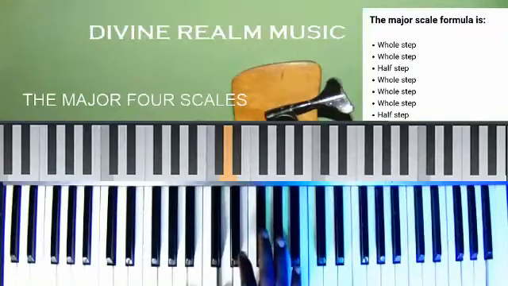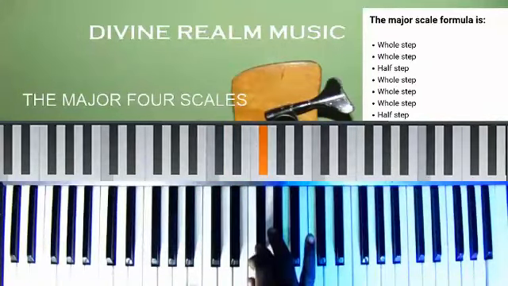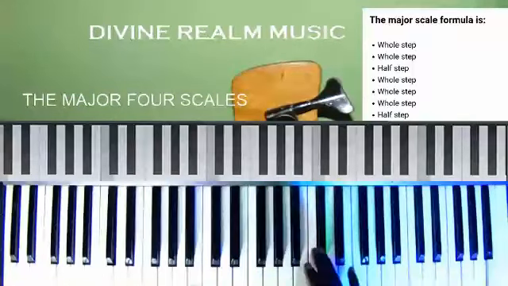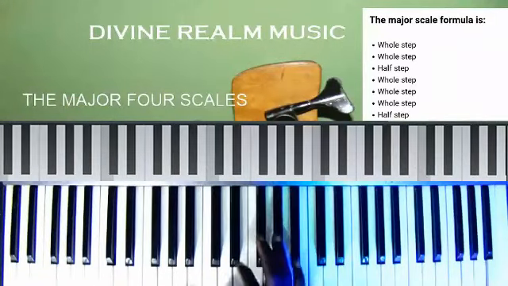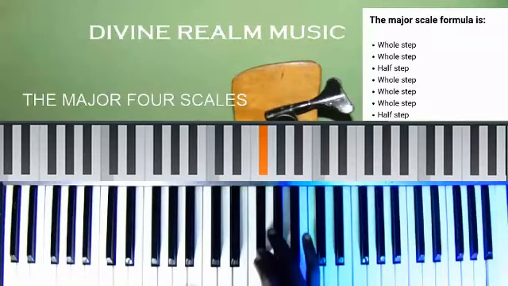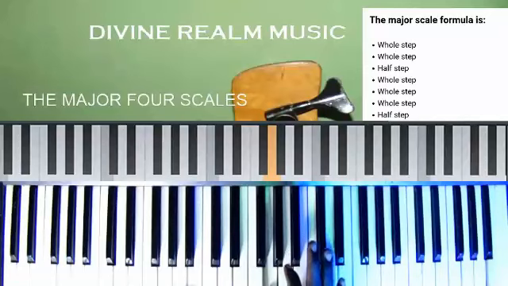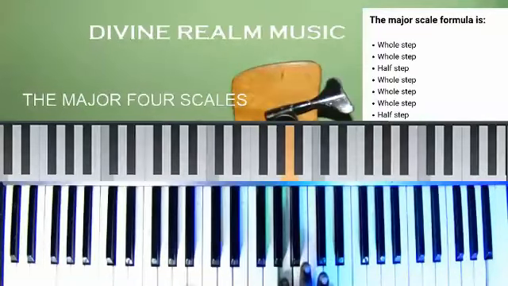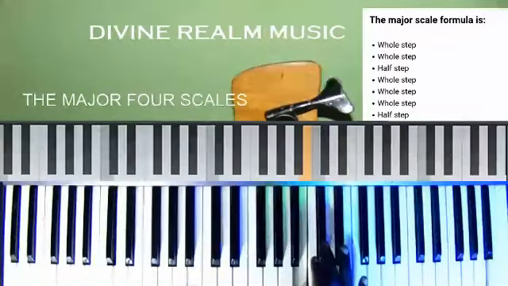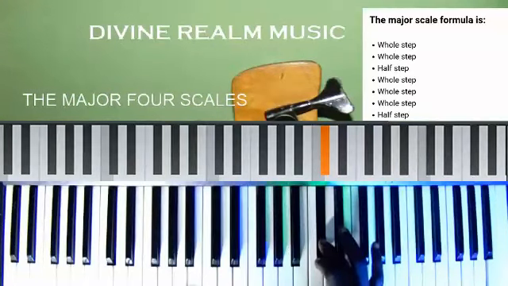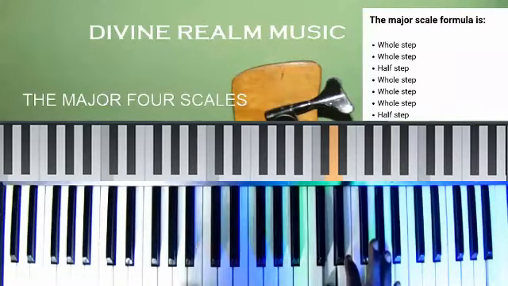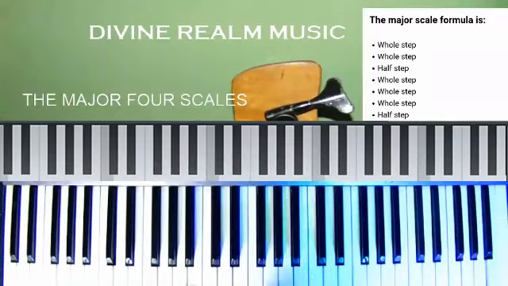When somebody says your third, that's your third. So your do is your 1st, your re is your 2nd, your mi is your 3rd, your fa is your 4th, your so is your 5th, then your la is your 6th, then ti, then you have your do again, which is also your 1st.